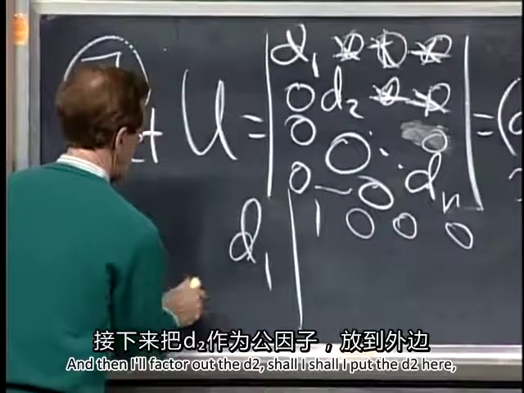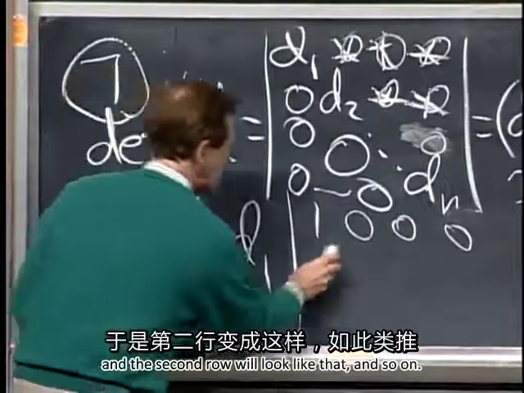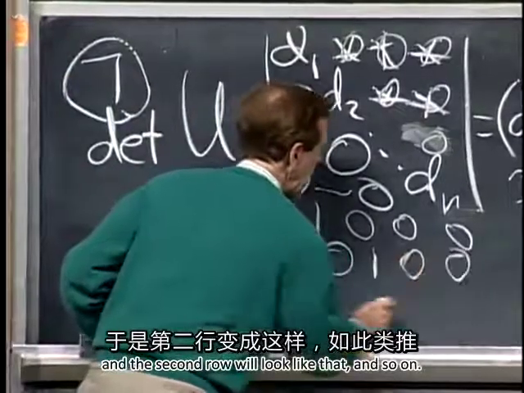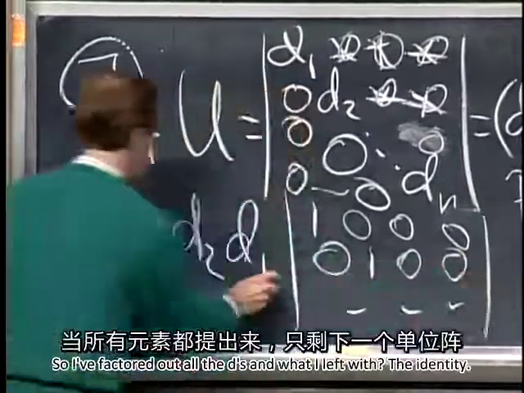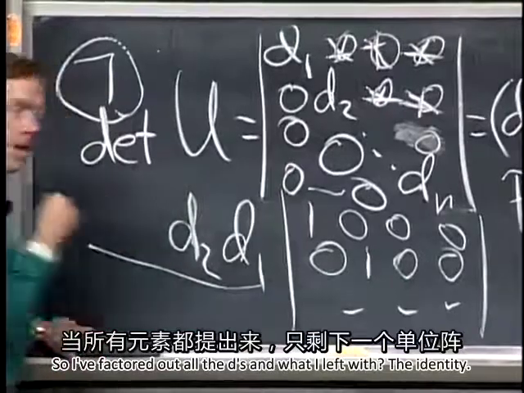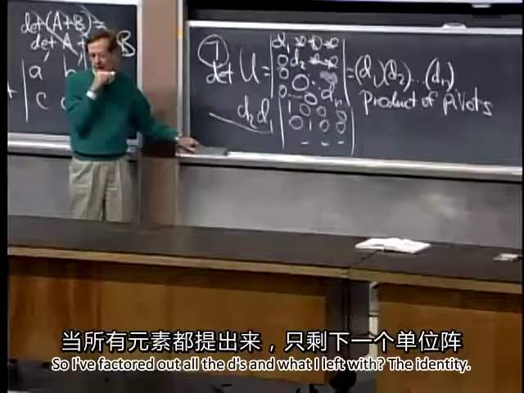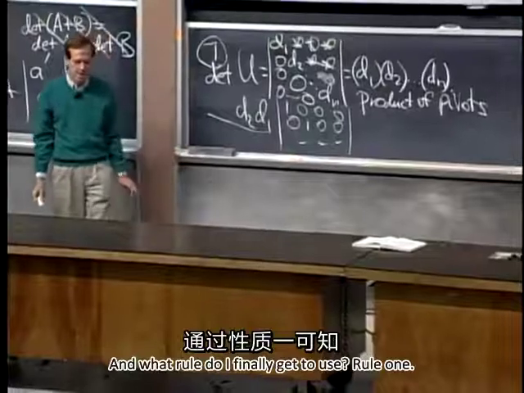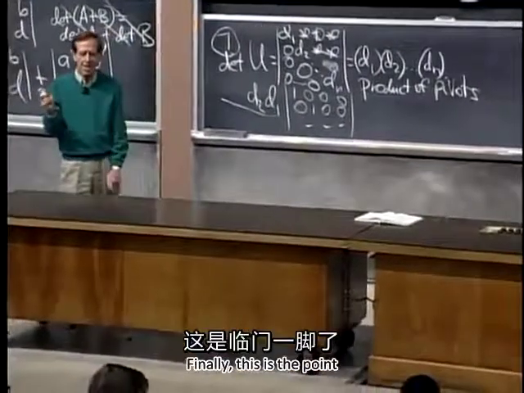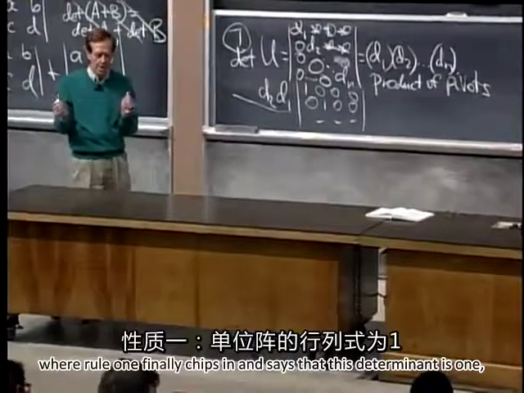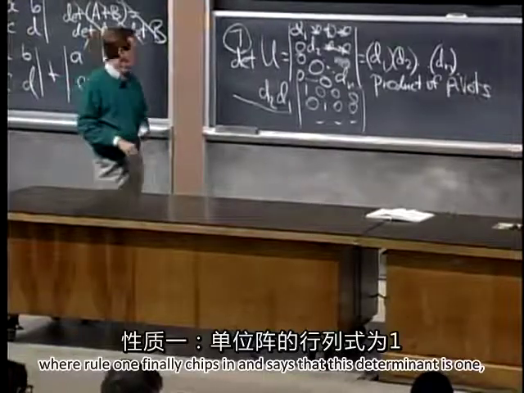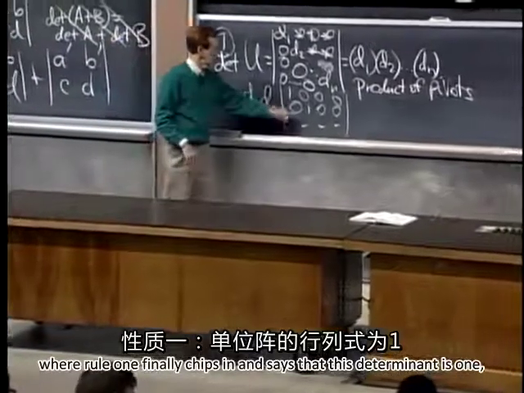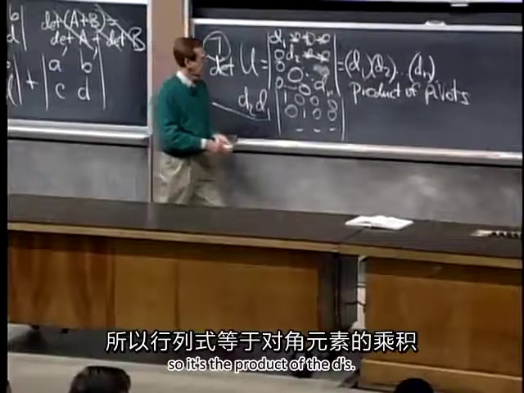Can I put the d2 here? And the second row will look like that, and so on. So I factored out all the d's, and what am I left with? The identity. And what rule do I finally get to use? Rule 1. Finally, this is the point where Rule 1 chips in and says that that determinant is 1, so it's the product of the d's.